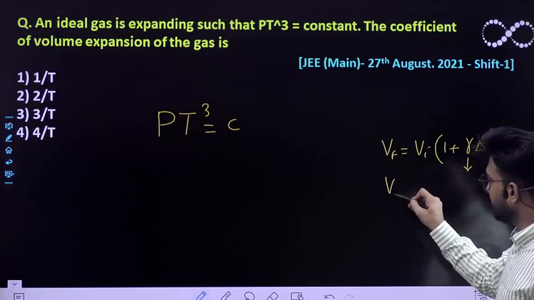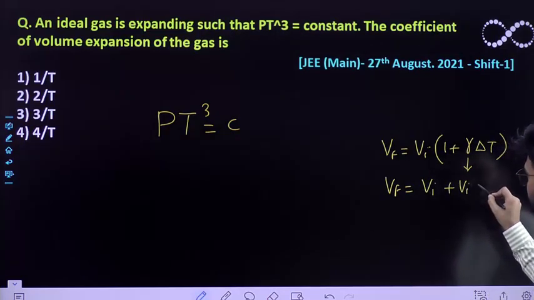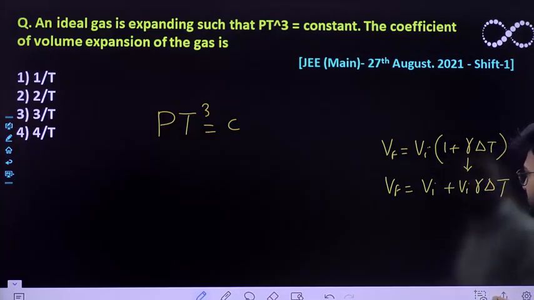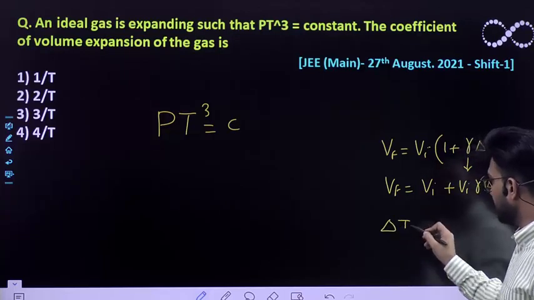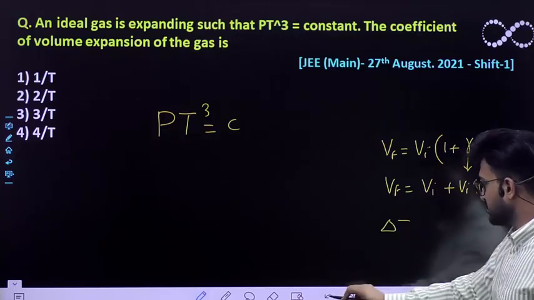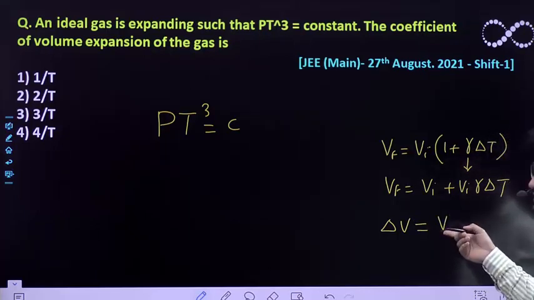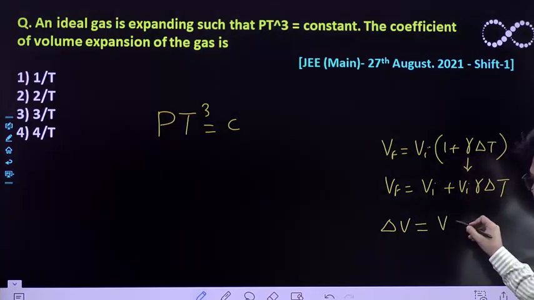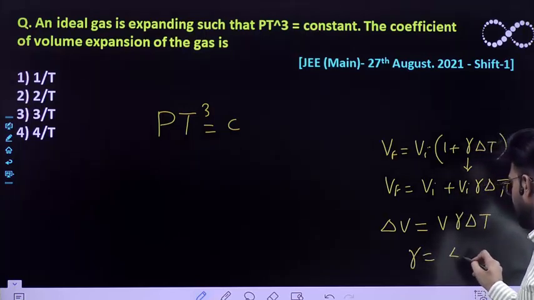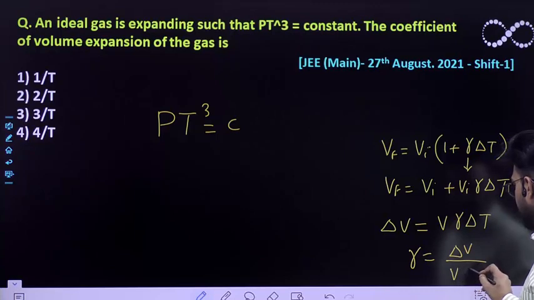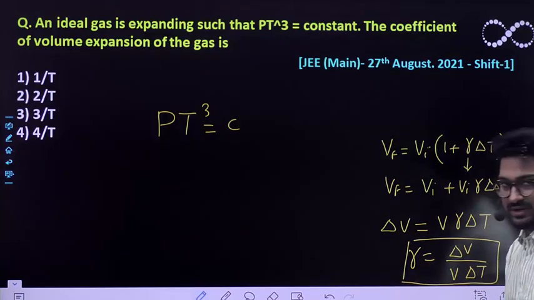It would be equivalent to V initial plus V initial gamma delta T. So V final minus V initial is delta V, which is the change in volume, and it must be equal to V initial gamma delta T. Let V initial be V. So gamma must be equal to delta V by V delta T. This is the expression that you need to find out.